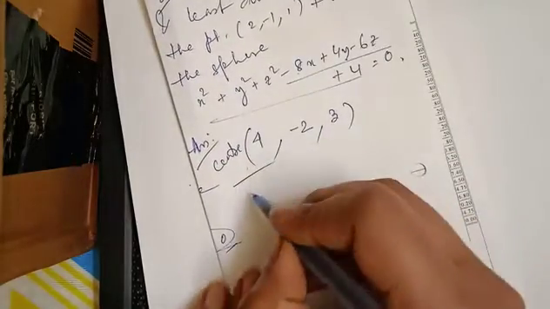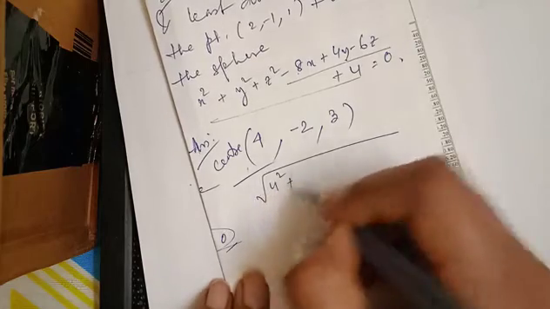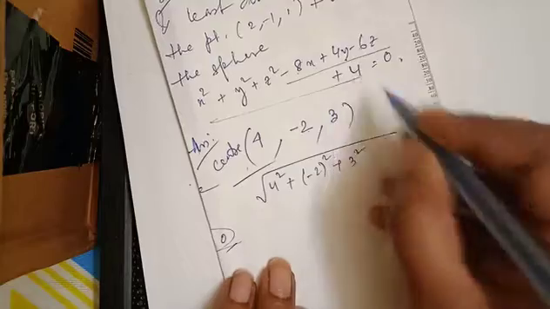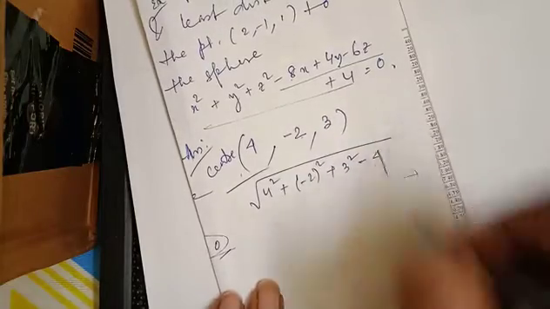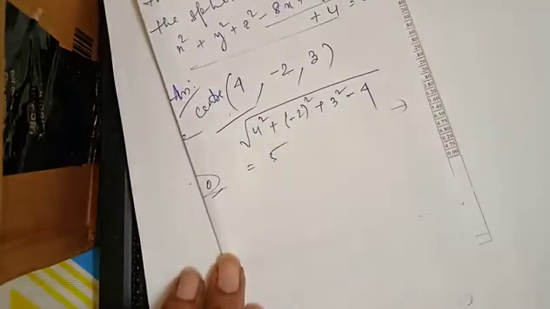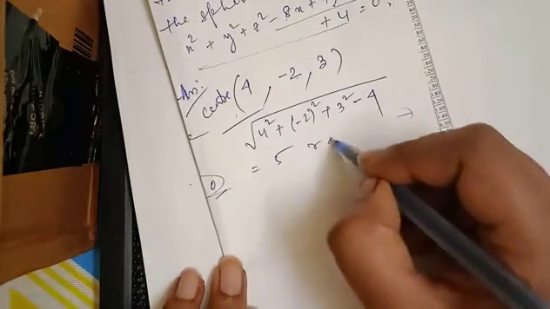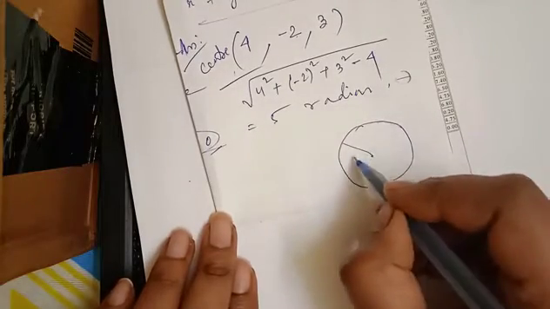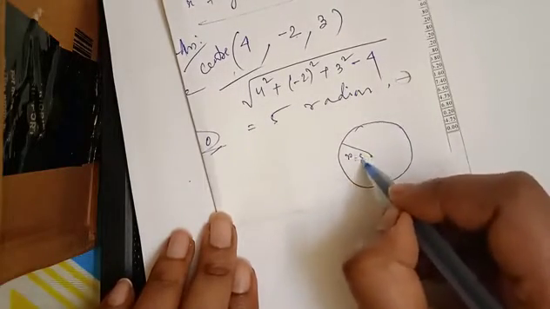Radius will be root over (4 square plus minus 2 square plus 3 square minus c), that is minus 4. After calculation we get 5. So this is the radius of the sphere, r equals 5.